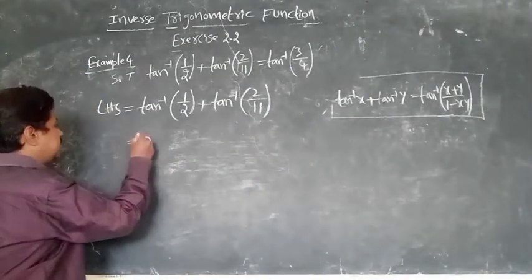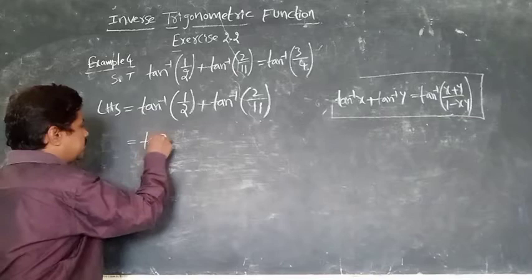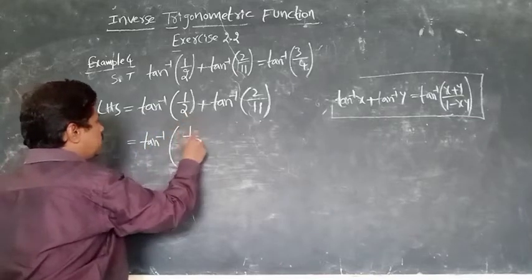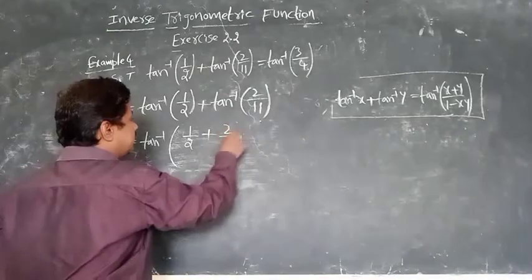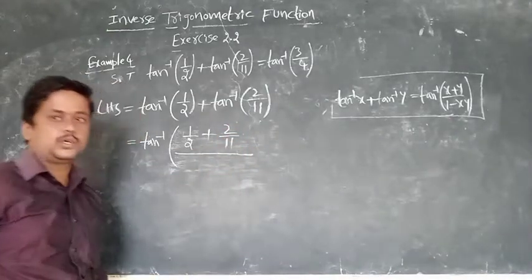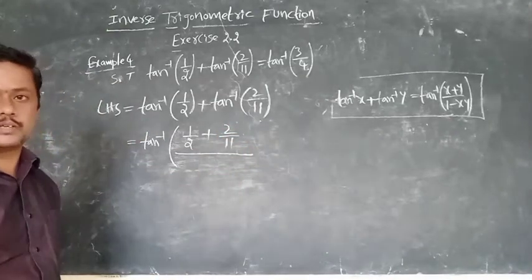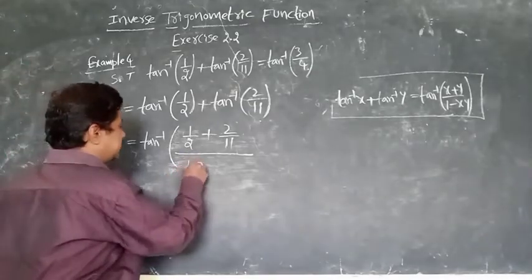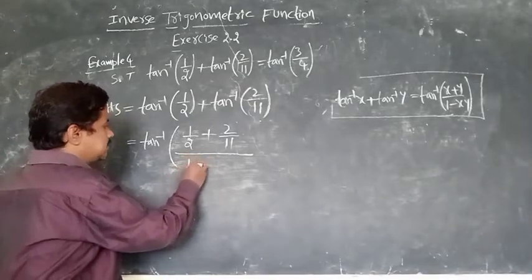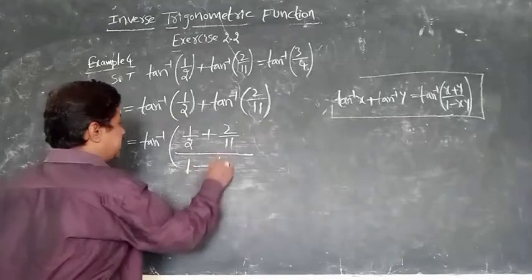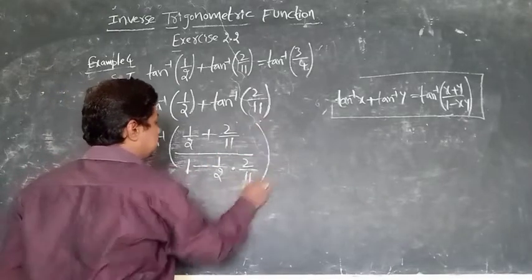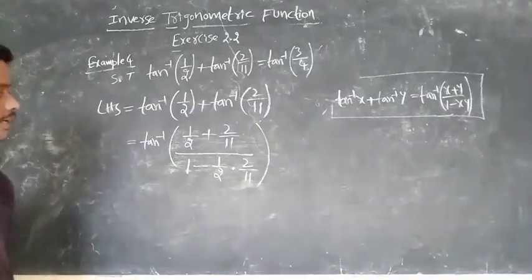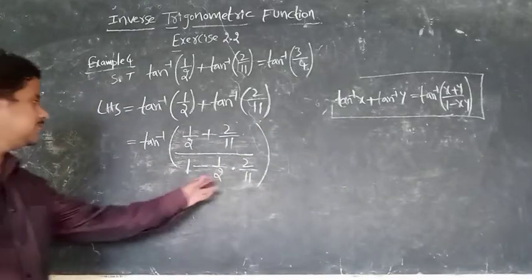So tan inverse of (1 by 2 plus 2 by 11) divided by (1 minus 1 by 2 into 2 by 11). Don't cancel the 2 like that.